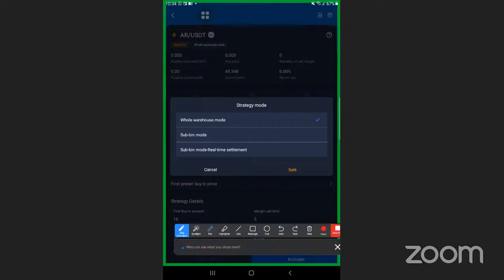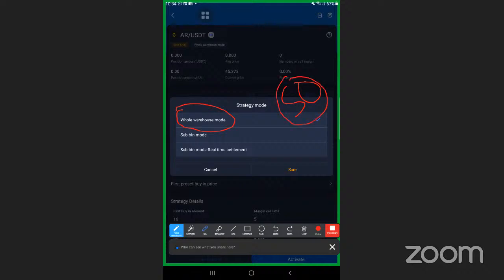Whole warehouse mode. When you put your robot under whole warehouse mode, whether you are trading with 50 margin calls, the robot will buy all the margin calls under whole warehouse mode.